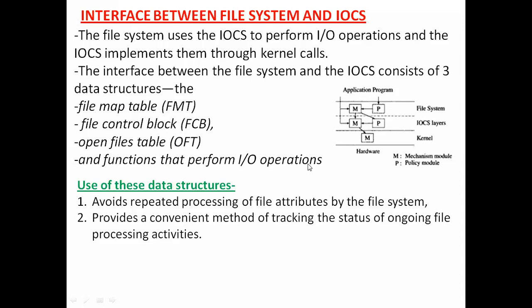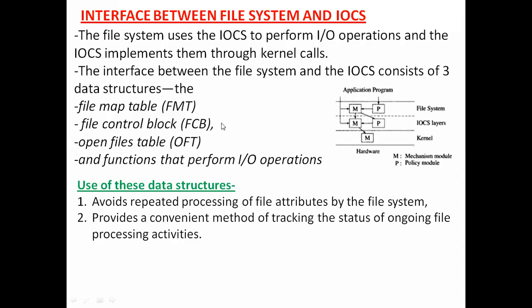In the last video, we have seen this FCB, the file control block, and its details. What fields can you find in the file control block? The file control block, or FCB, contains all the information with respect to the file processing activity.